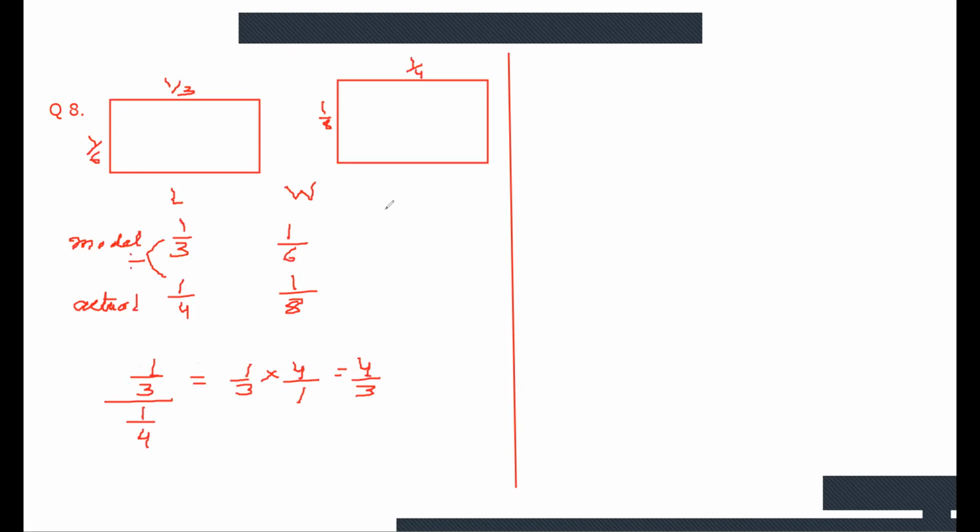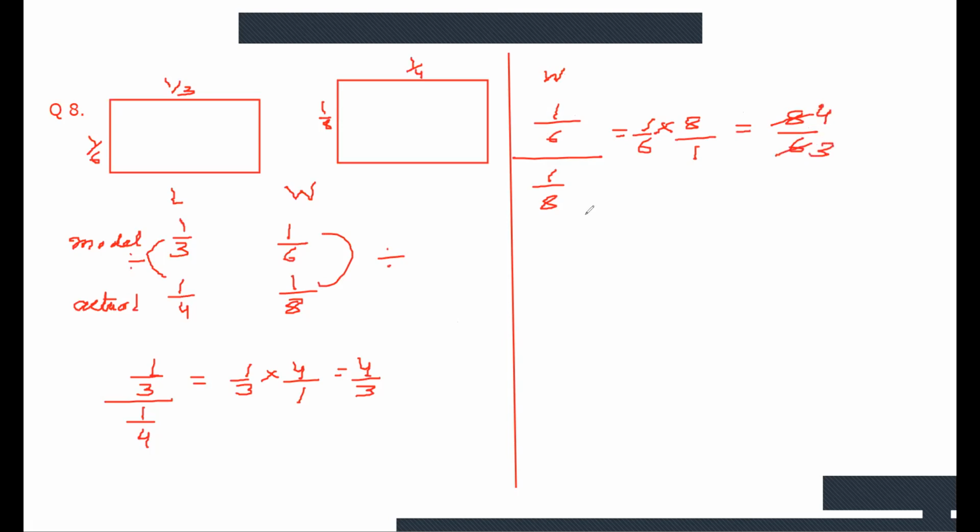Now let me divide the ratio of the width. The imaginary one is 1 over 6 and the actual one is 1 over 8. When I divide these two, I get 1 over 6 times 8 over 1, that is 8 over 6, which is 2 times 4 and 2 times 3.